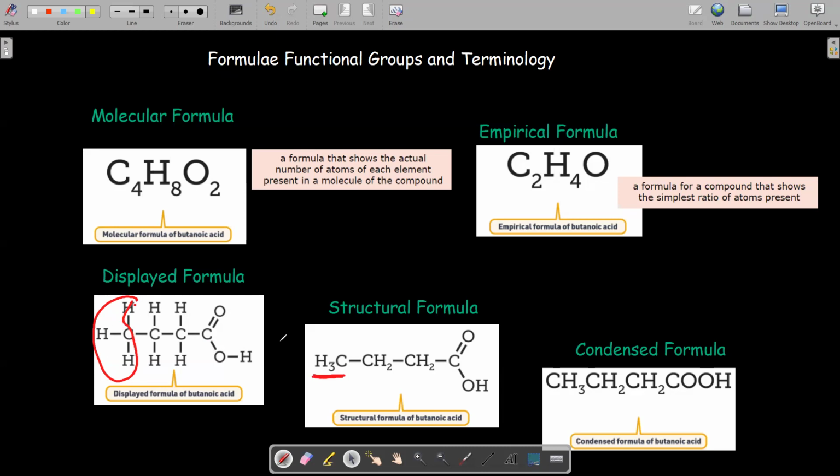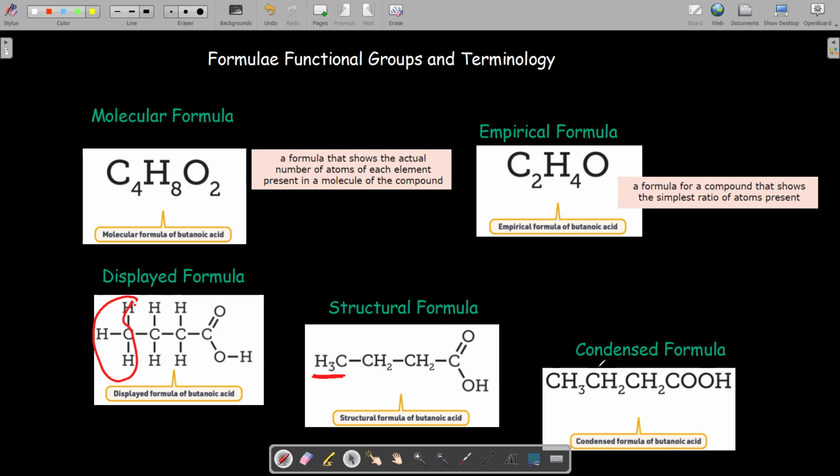Instead of drawing the bonds, it is presented in this manner. The atoms of a molecule, the way they are arranged, it shows it this way. Okay. So butanoic acid is a little complicated because it has a lot of bonds and all that, but the structural formula makes it a little easier because we are condensing it and putting it together.